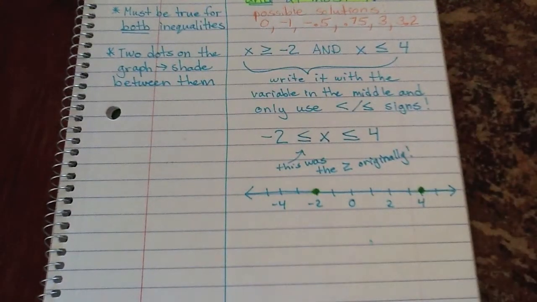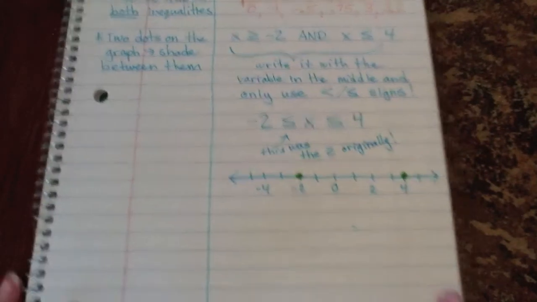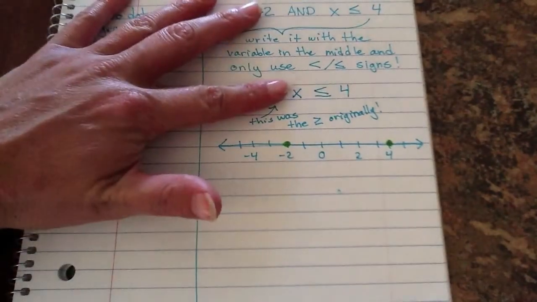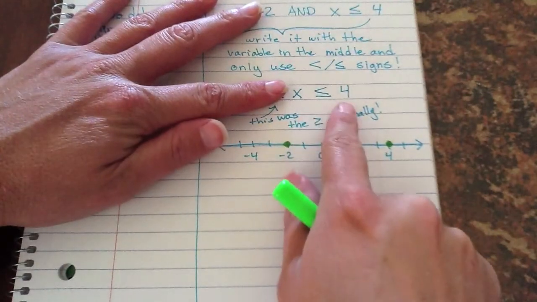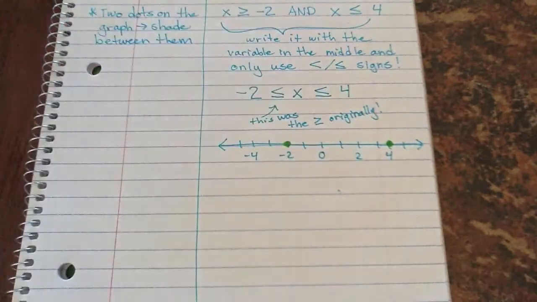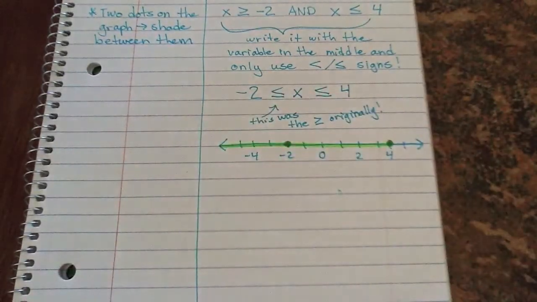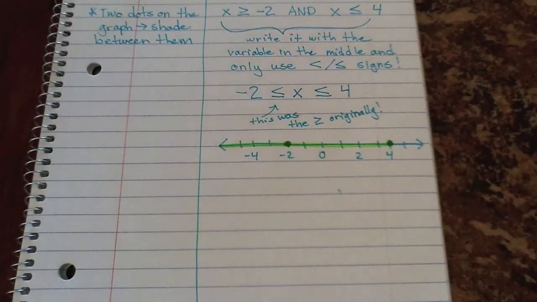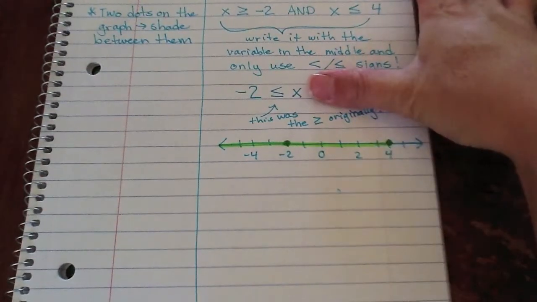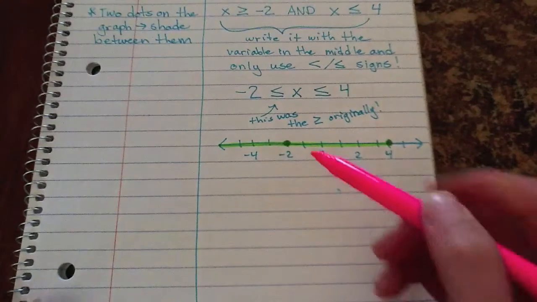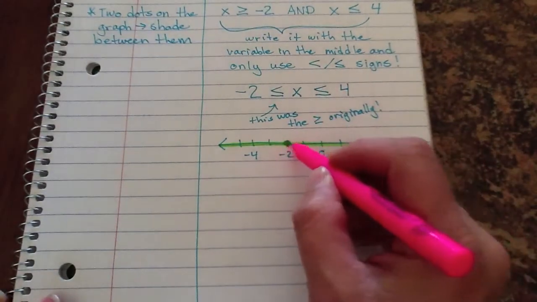Now, just so that you see how this works, I don't want you to write this in on your notes till we're done, but I want you to understand how this works. If you were to look at just this part, x is less than or equal to 4, you would be talking about all of these. If you were to look at just this part, x is greater than or equal to -2, you would be looking at all of these.